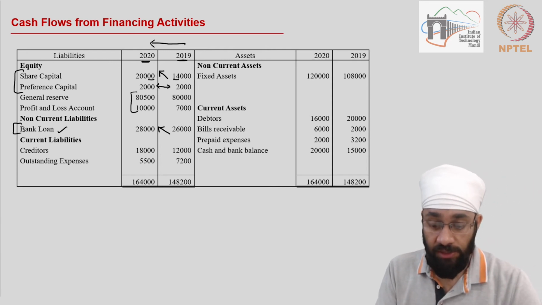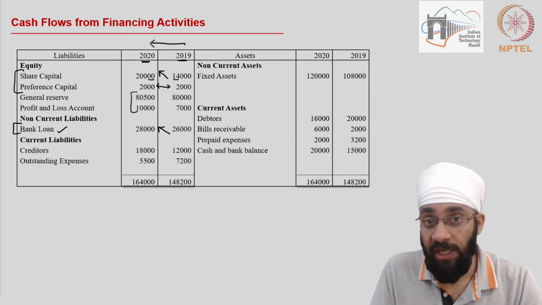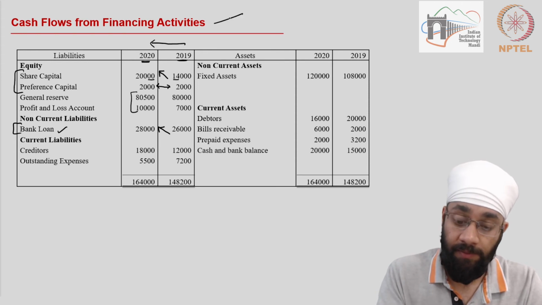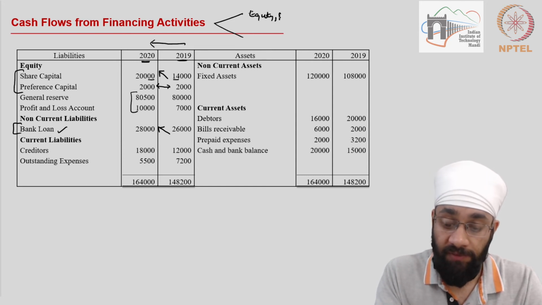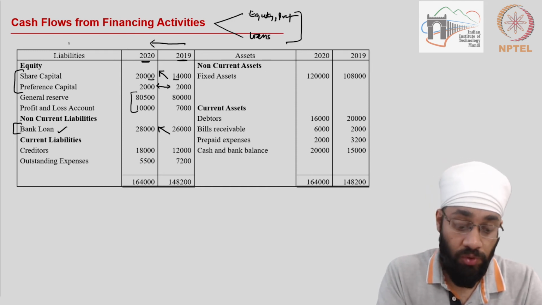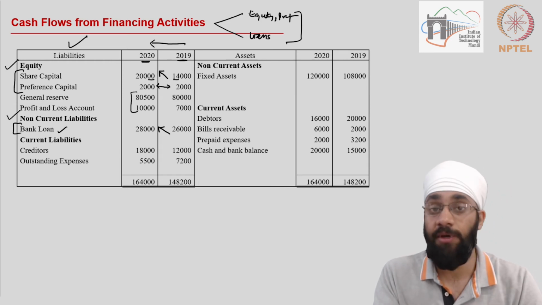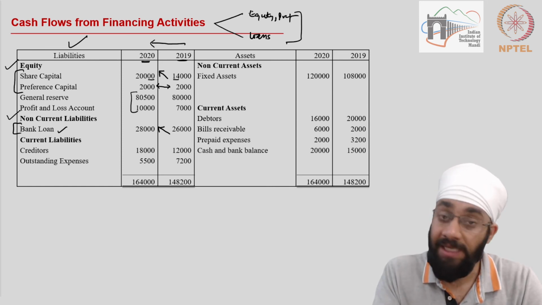Other than this, there is no other information which deals with financing activities, because financing activities are related to the long-term sources, and long-term funding sources include either the equity capital, the preference capital, or you will have loans or debentures. And both these are going to be shown on the liability side and under equity head and non-current liabilities. So you don't need to worry about looking elsewhere, at least in the balance sheet.